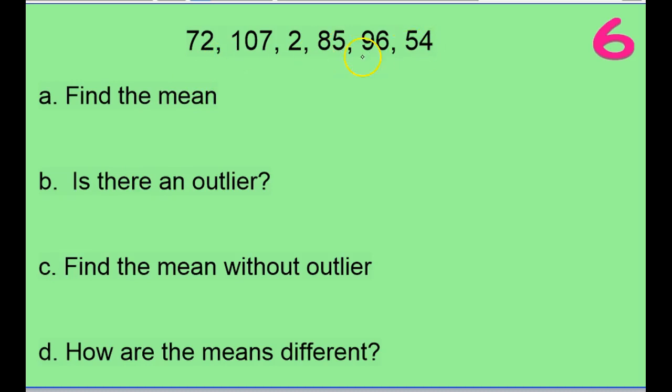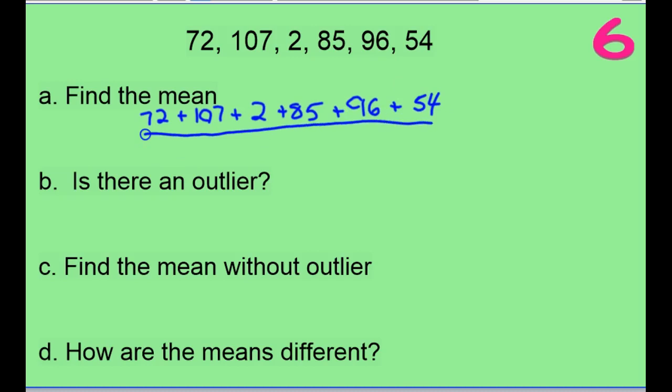So for this set of numbers, we need to find our mean. So we have 72 plus 107 plus 2 plus 85 plus 96 and plus 54. So we're going to add all those together, and we're going to count up how many numbers we have. 1, 2, 3, 4, 5, 6.